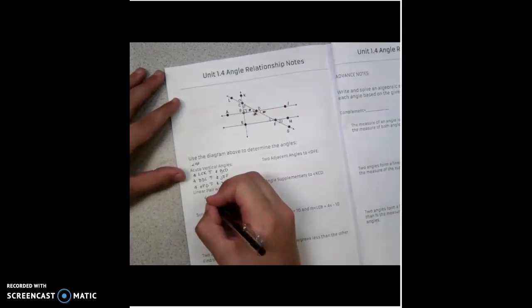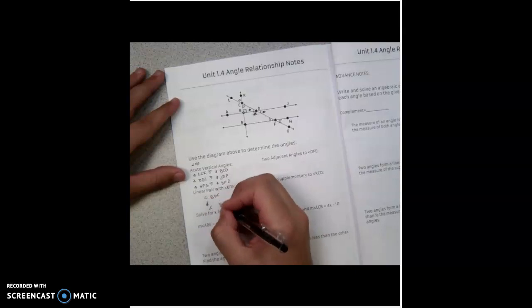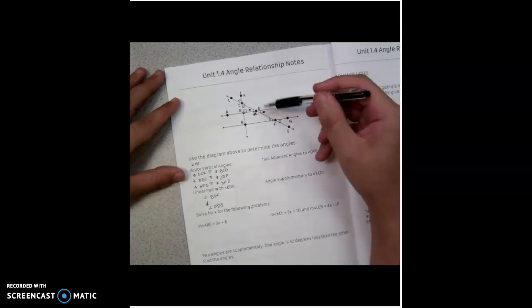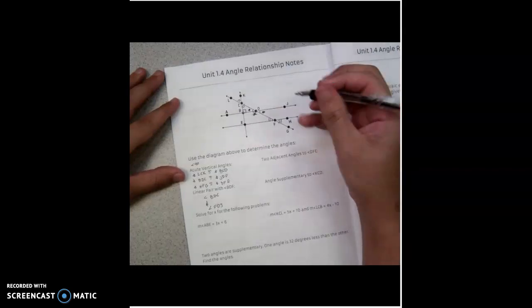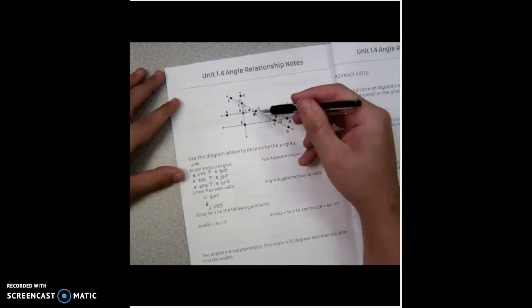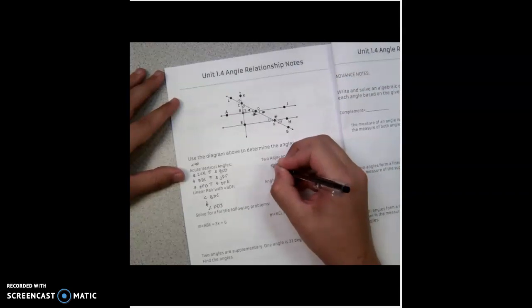So we could have angle BDC and angle FDJ. Okay, either one of those would work. For our two adjacent angles to DFE, so we have DFE, so this angle right here, we're looking for two adjacents, so we could have this one right here, which would be DFH, so DFH angle.